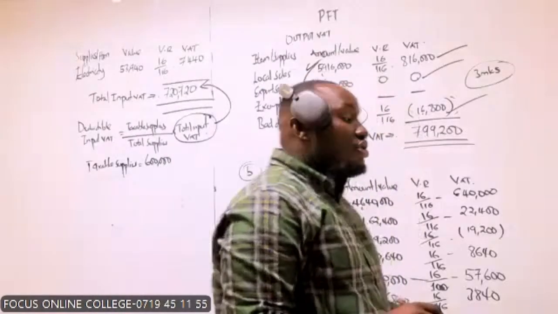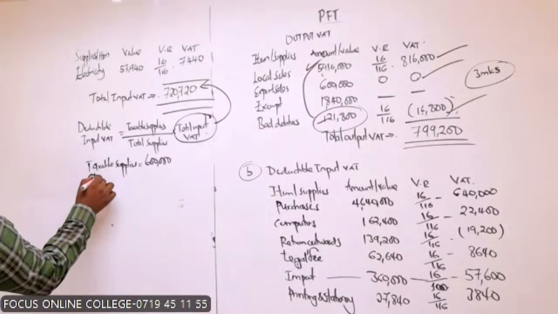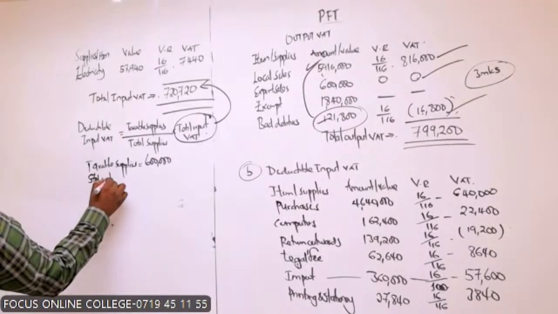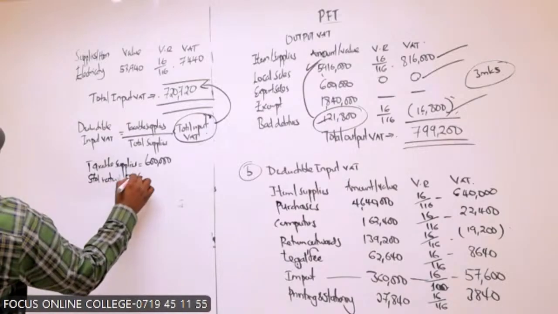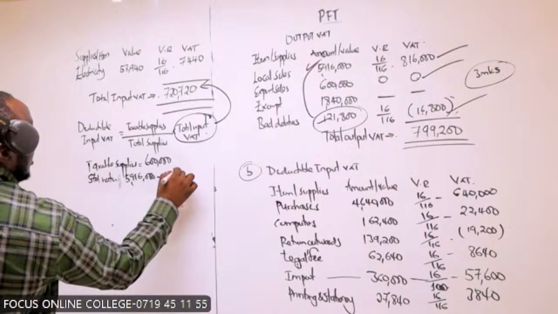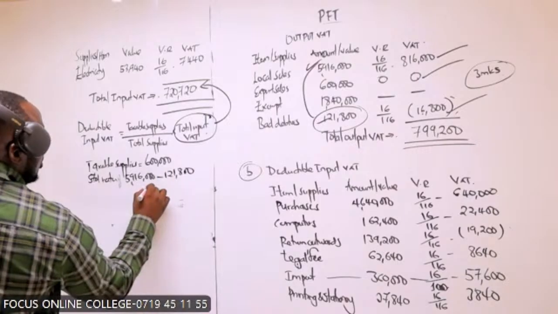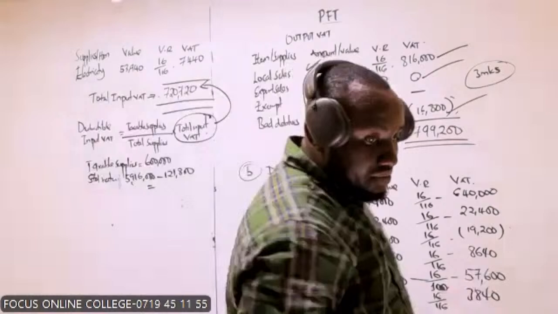This is inclusive. So the standard rate, we had a figure of 5916 less the budget, which is 121,800. What do you get?